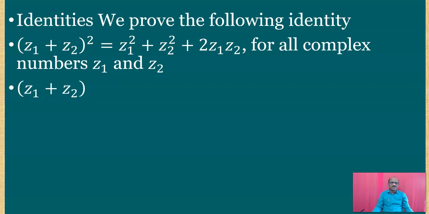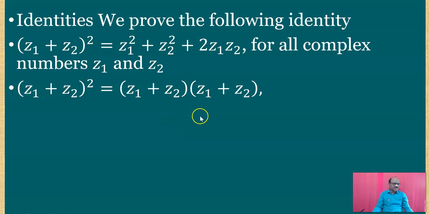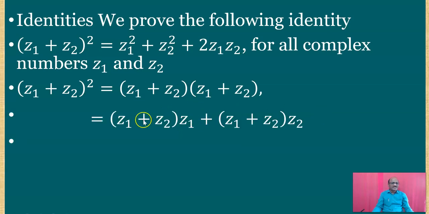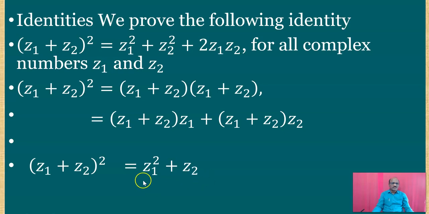Now, z1 plus z2 whole square is equal to z1 plus z2 first bracket and second bracket z1 plus z2. If you take their multiplication, then you get z1 plus z2 into z1 and z1 plus z2 into z2.